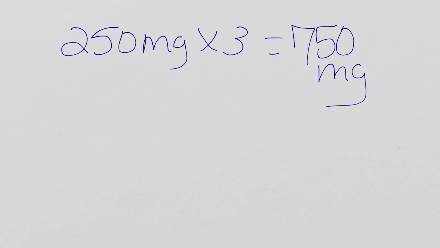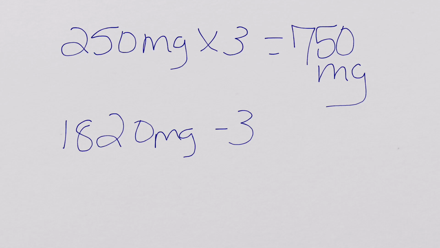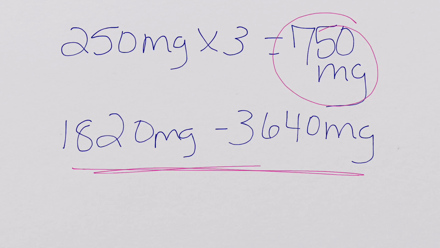This is what he ordered. So our recommended minimum is 1,820 milligrams, and our recommended maximum is 3,640. So if we have 1,820 milligrams to 3,640 milligrams, is this within this range? And no, it is not. It is under the recommended dose.